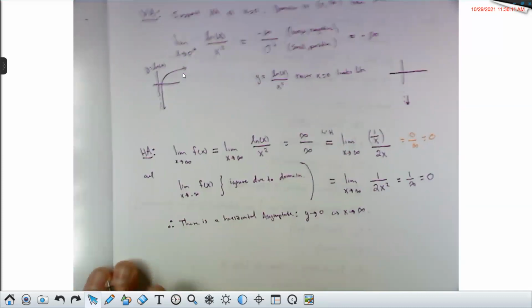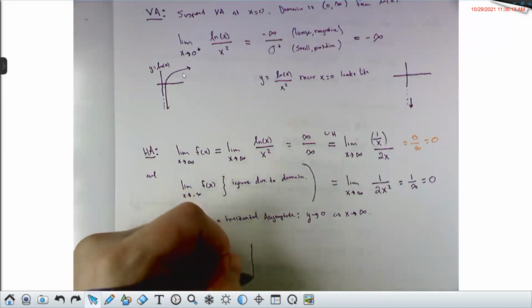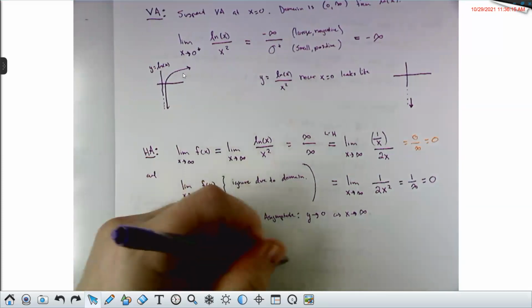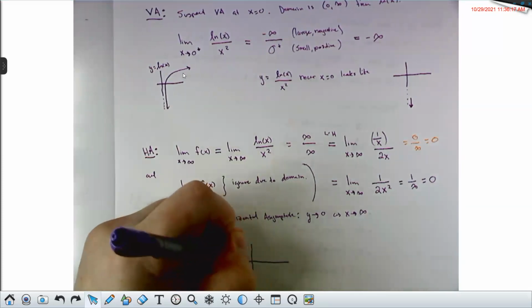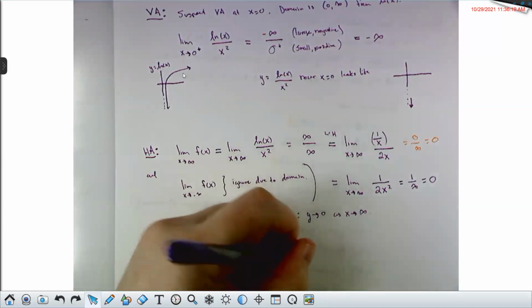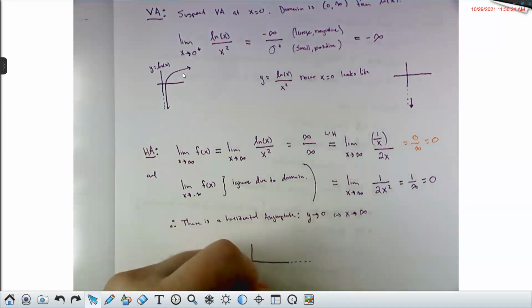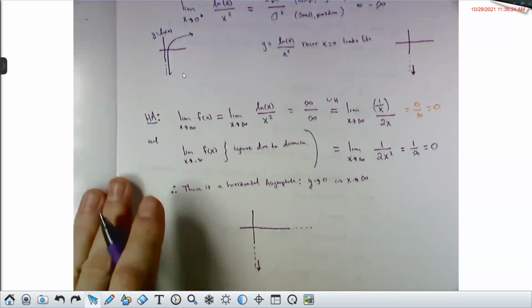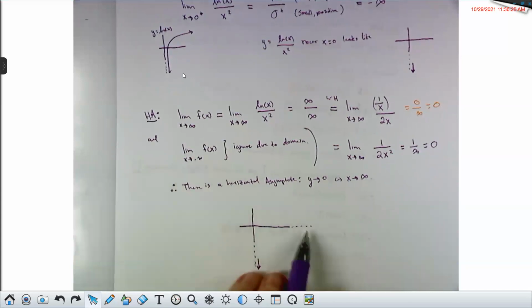So then I know my graph. I can fill in the local behavior near the asymptotes as follows. I have an arrow going down over here. And then I have an arrow approaching this either from below or from above.